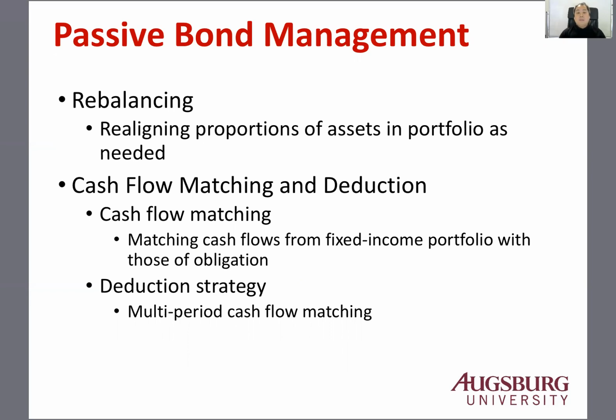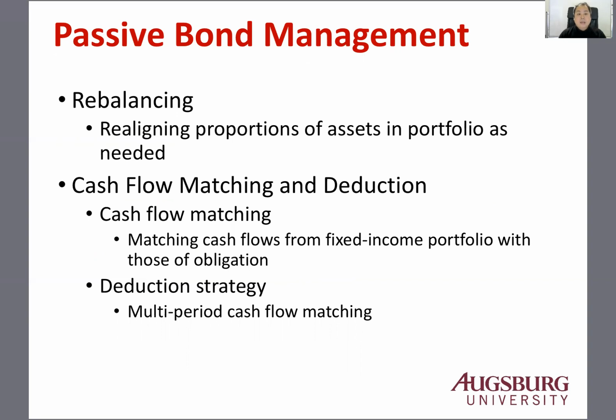Because it automatically immunizes the portfolio from interest rate risk because the cash flow from the bond and the obligation exactly offset each other. So cash flow matching on a multi-period basis is called the dedication strategy.